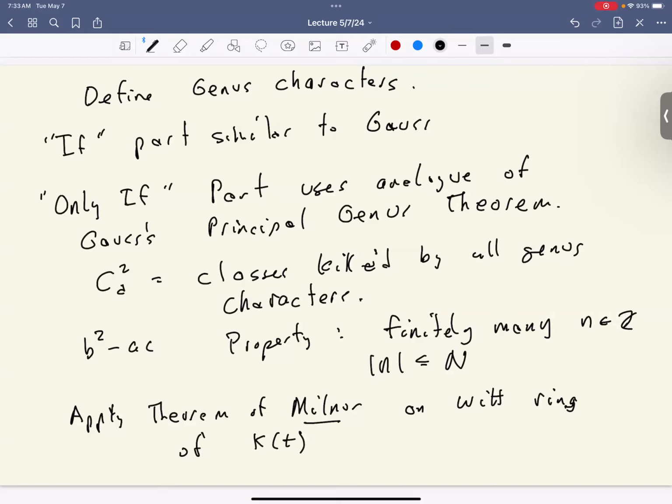He was able to characterize this locally, which characterizes it as an isomorphism.